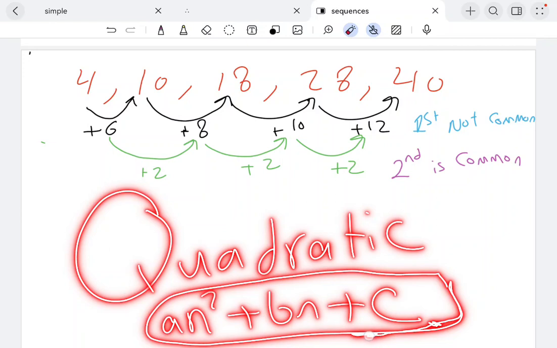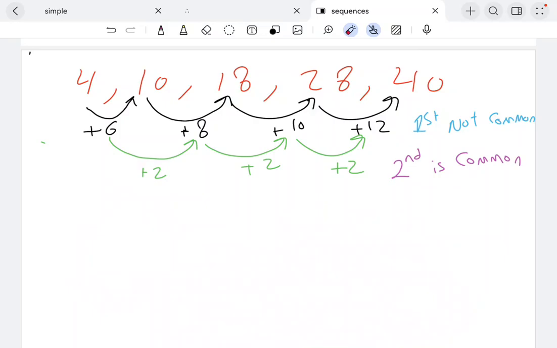Let's see. I told you we have two ways. I believe the second way is easier, but the first way is also good because it gives you the sense. You should have this sense of writing the nth term of any sequence. Sometimes, if you go properly step by step, it is going to take time.